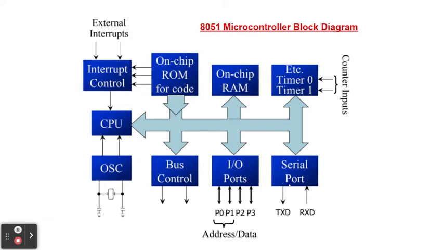We have the serial port that has transmit and receive signals. This is the oscillator, and usually we use 11.0592 megahertz with 30 picofarad capacitors connected to the ground. So this is the 8051 microcontroller block diagram.